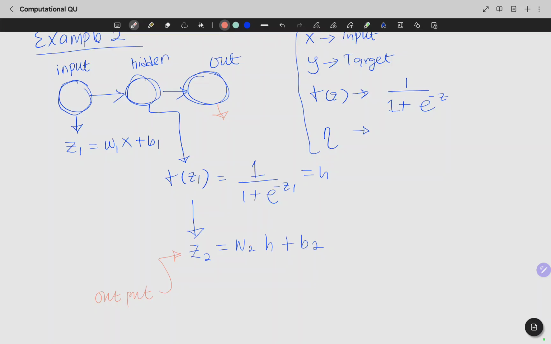Now, how about the loss? There are two types of losses. There is the loss for this prediction and the loss for this prediction. So L is a half into y hat minus y, squared.